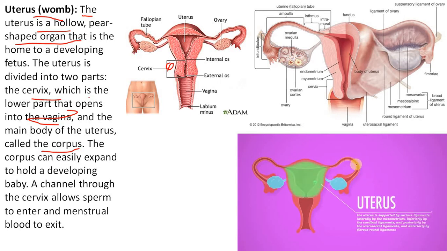There are three layers of tissues present in the uterus wall: the outer thin membrane called the perimetrium, the middle thick layer of smooth muscle called the myometrium, and the inner glandular layer called the endometrium. Endometrium lines the uterine cavity only. During the menstrual cycle, the endometrium undergoes cyclical changes, but the myometrium exhibits strong contraction during parturition.